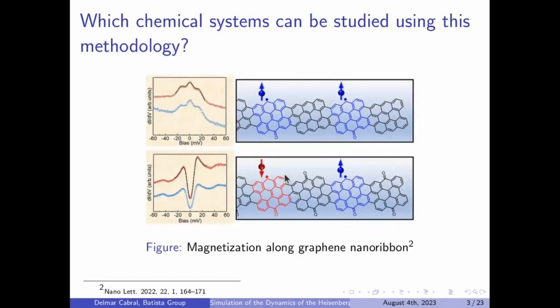An example chemical system that can be described by the Heisenberg model is a graphene nanoribbon, studying the magnetization of radical pairs at each side of these graphene nanosheets.